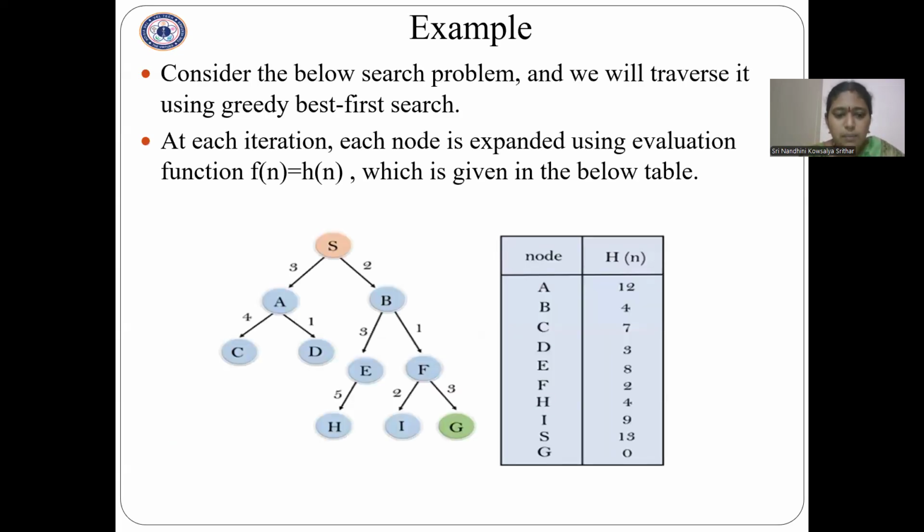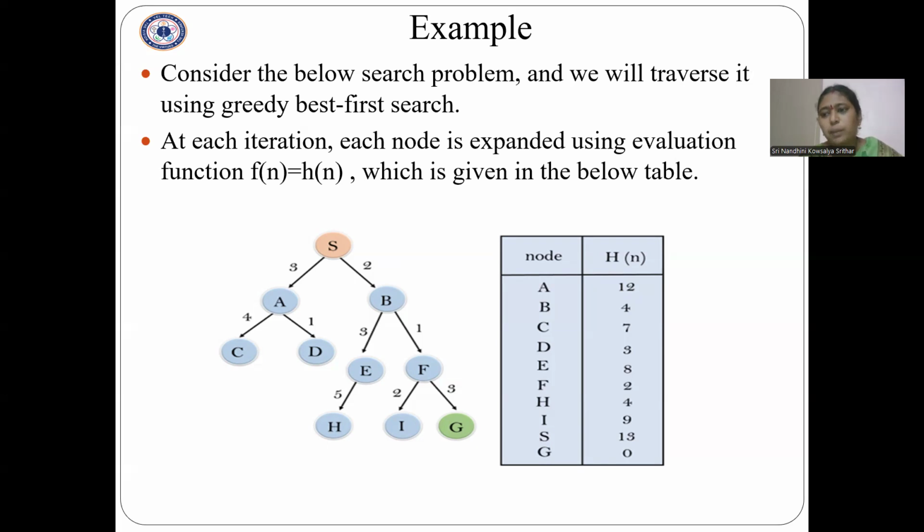So in this example, we have a problem with nodes S, A, B, C, D, E, F, G, H, I, and G. In the tree itself, they are giving the path cost of travel between the nodes. Then again we have one heuristic table. This denotes, for the particular node, how far it is from the goal node.